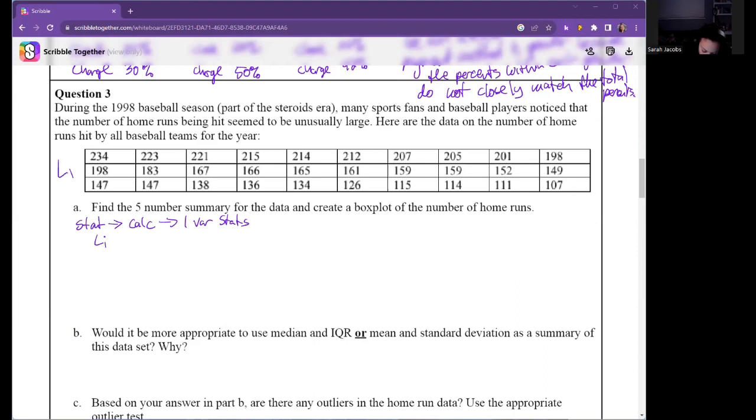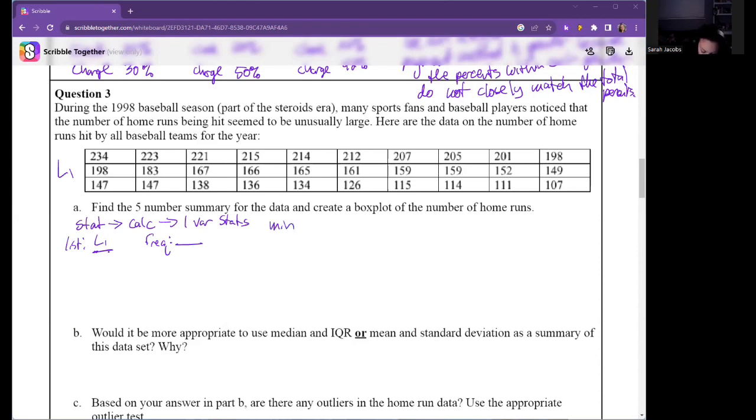Your frequency list, just leave blank. Don't put anything in there. Then hit calculate. And if you scroll down, you'll get your 5-number summary.